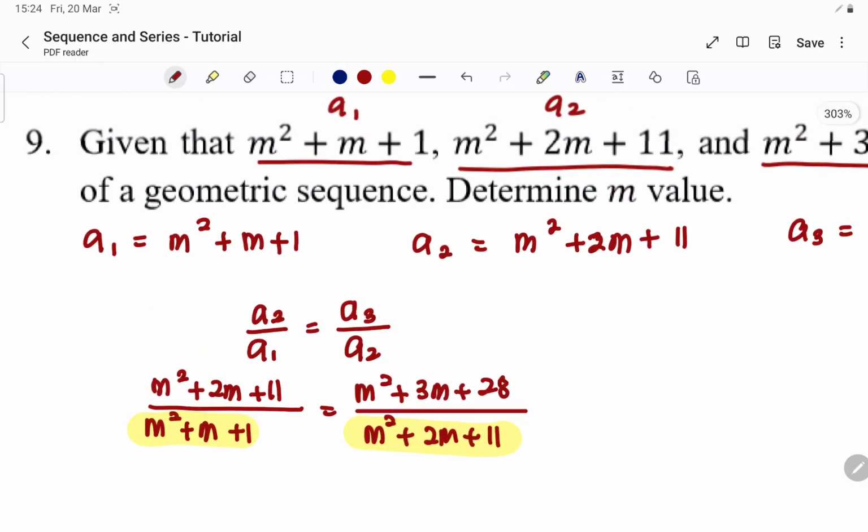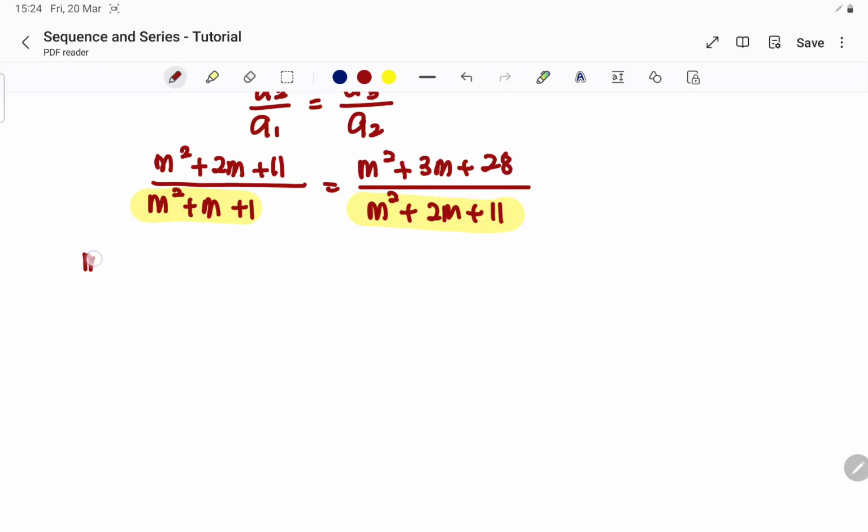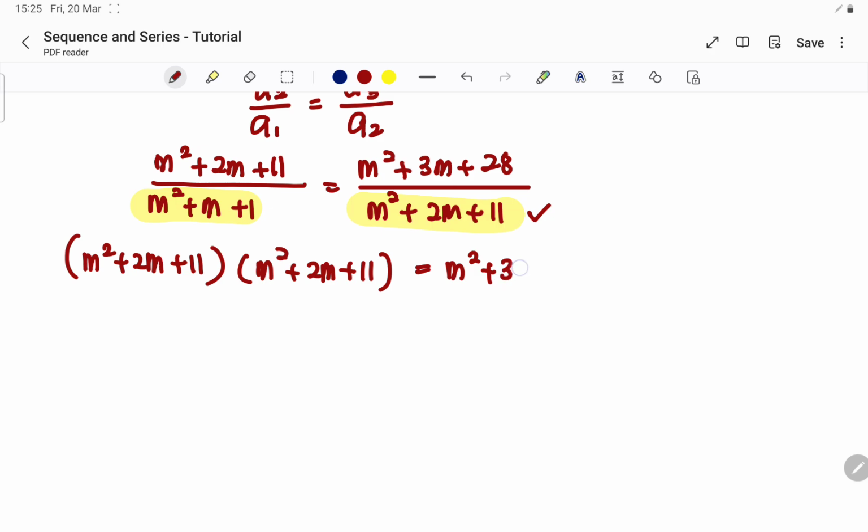So first, we put m square plus 2m plus 11, you multiply with this one, m square plus 2m plus 11, here, equal to m square plus 3m plus 28, you bring m square plus m plus 1 to the right side. Okay, and then what you have to do here is a bit complicated. The step is very troublesome here, where you have to expand one by one.